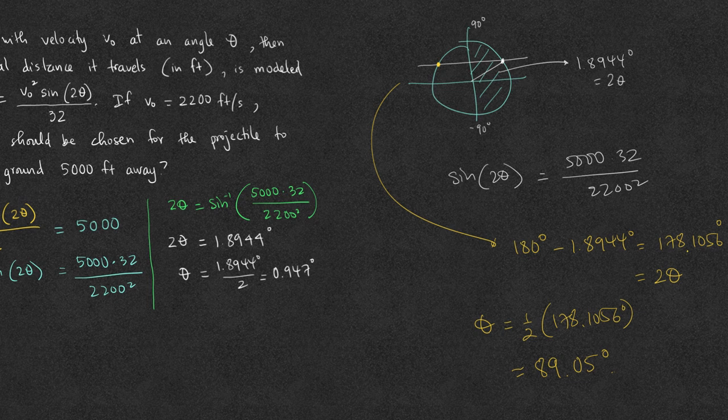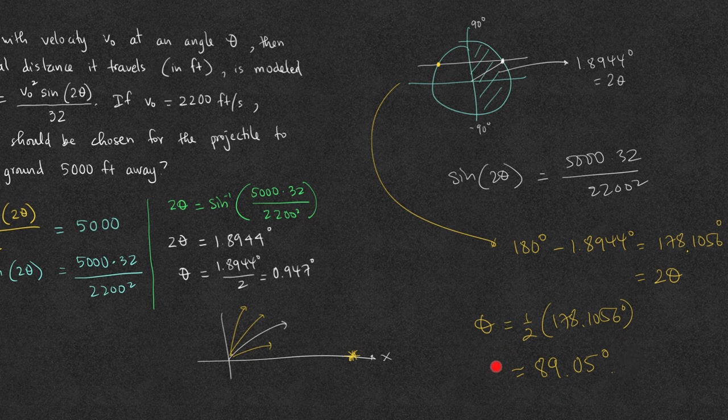And if we were to picture this, we see that if we fire the projectile and we want to hit the target on the right-hand side, for example, then as long as we fire the projectile at an angle of less than 90 degrees, it will fly to the right-hand side.